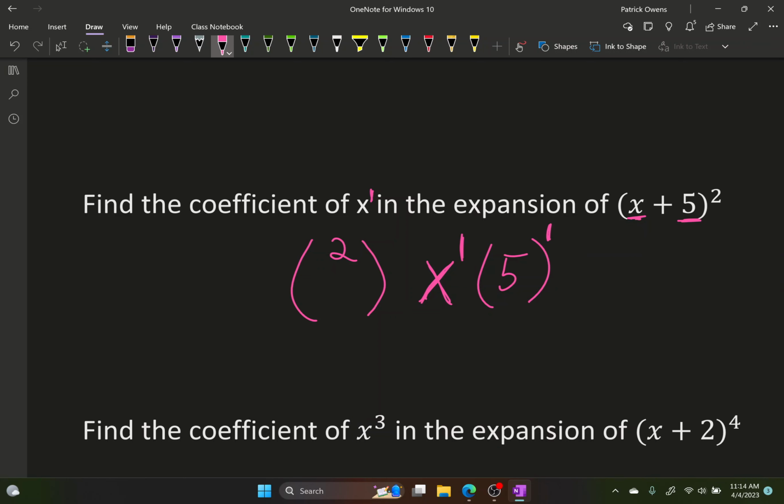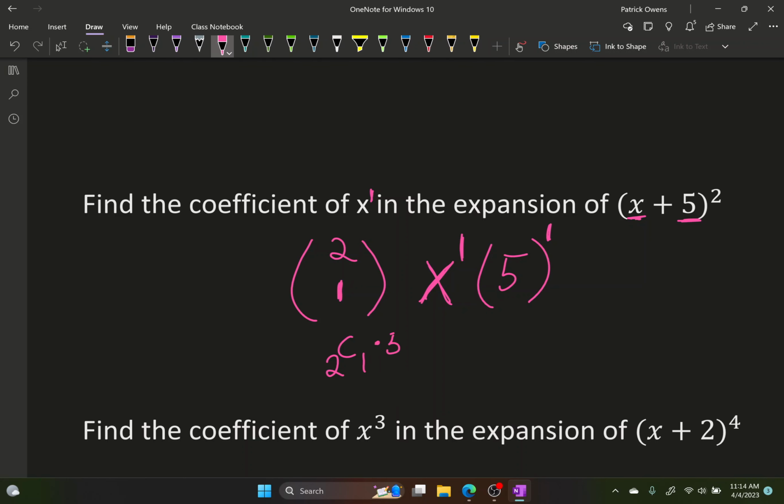So we have 5 to the 1st. Okay, so that means that this other part in the combination, that k value, is the exponent of our second term.